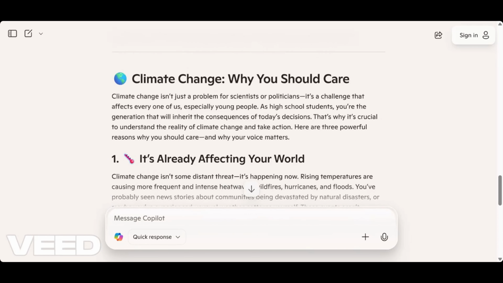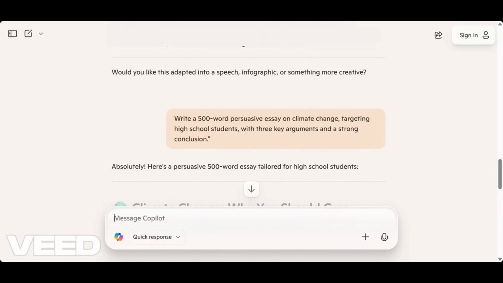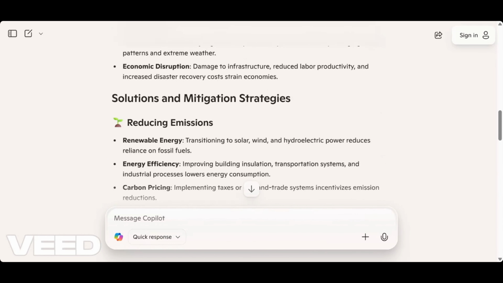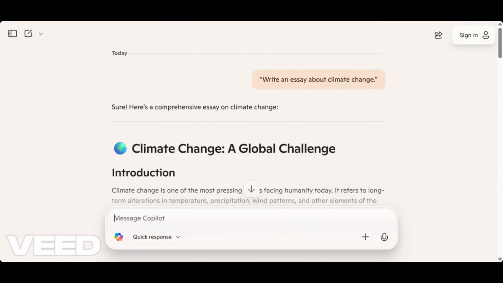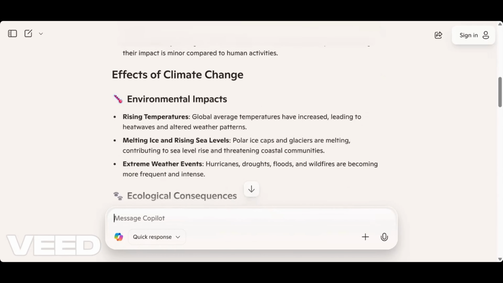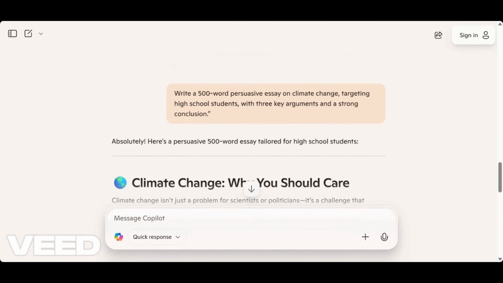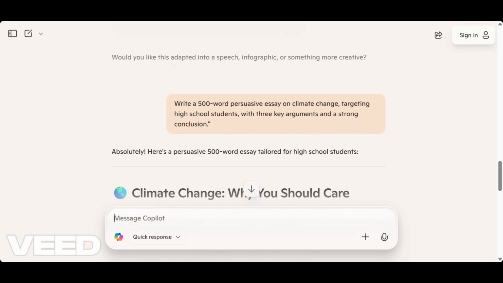Also, notice what we put in this one versus what we put in this one. The key takeaways. We put write a 500 word persuasive essay in climate change targeting high school students. So on this one, for our audience, we put high school students.